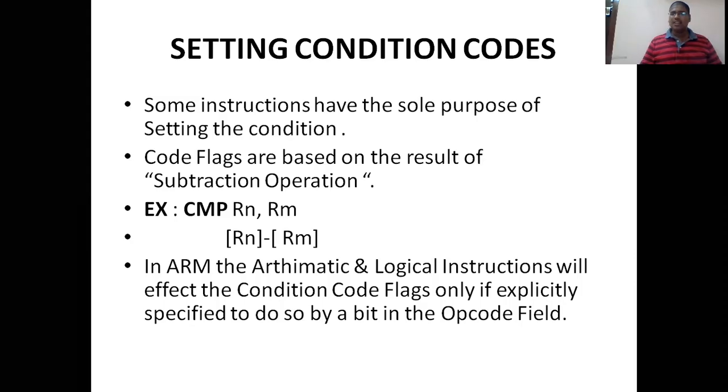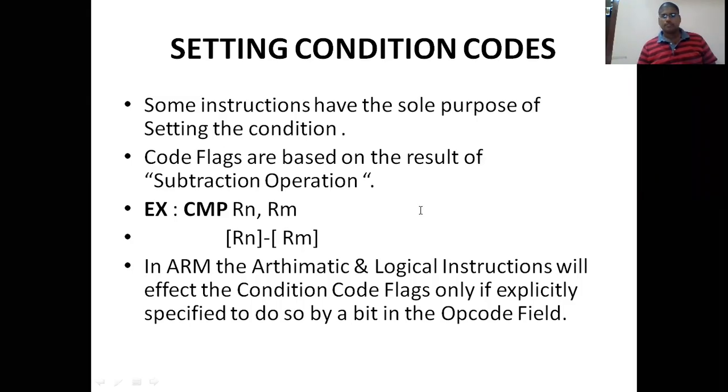It may be somewhat difficult for you to understand, but I will make it understand with a simple example. For example, here I have given an instruction called CMP Rn comma Rm. I will explain this instruction with comparison and subtraction.